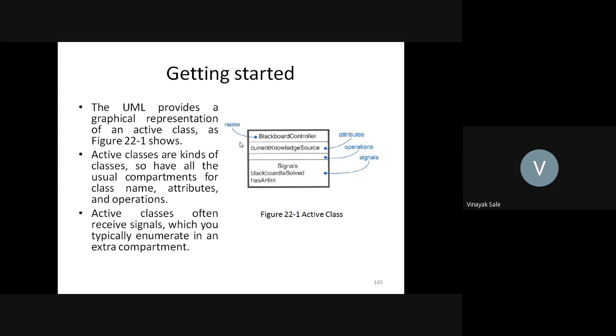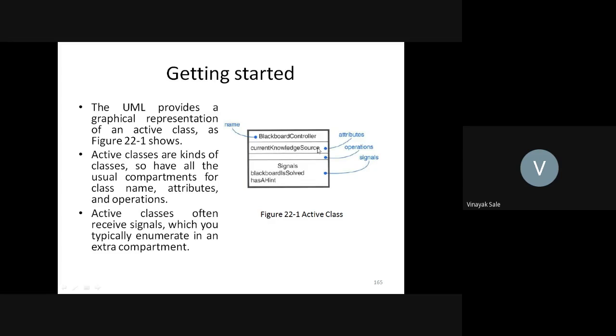So the UML provides a graphical representation. This figure shows an active class. In this example the active class name is BlackboardController. It has an attribute, current knowledge source, it has operations, and it has signals.